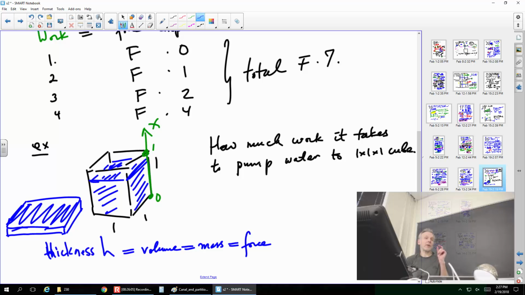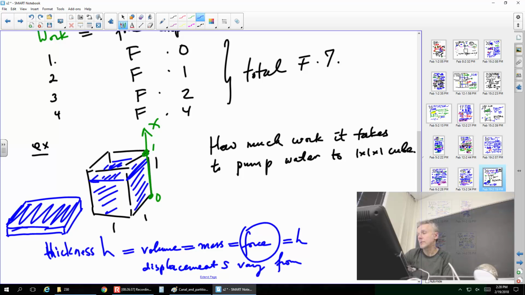So h gives me the amount of water, and it measures the volume, the mass, and also the force applied to that slice. Okay, so as you can see, every slice will have the exact same force, just like with those bricks. But what is different, so the force is equal to h, is what varies: the trip, the displacement. So displacements vary from 0 to 1.